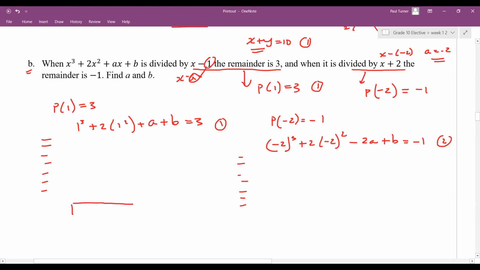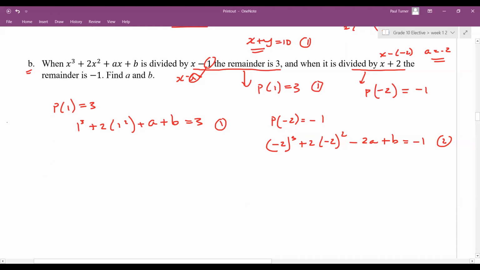You'll get down to another equation. This is equation 1, and do it again, and that will be equation 2. Then we need to solve them as simultaneous equations. I'll give you a few minutes to try that, and I'll be quiet for a bit.